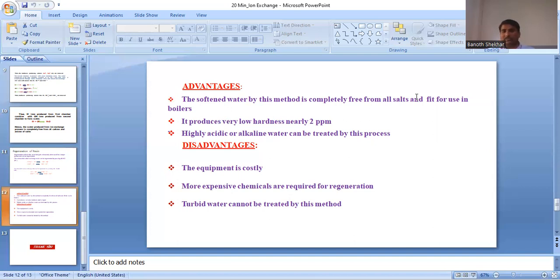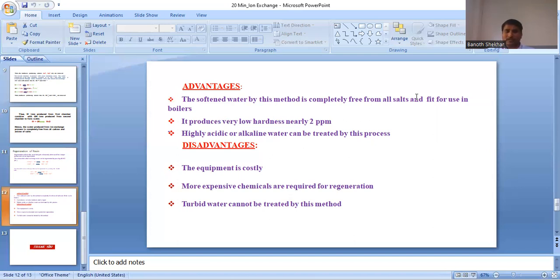And the chemicals, meaning the membranes which we are using, the polymers, are a little more expensive. And in this experiment, one of the major disadvantages is we are getting water with turbidity. Water containing precipitate, some turbidity also we are getting in this process.